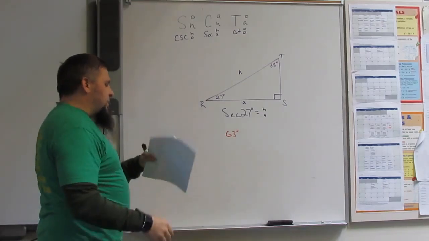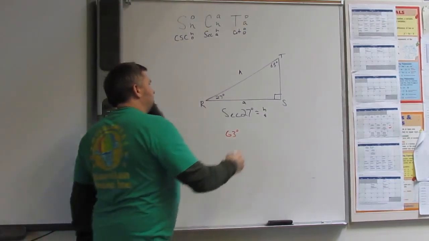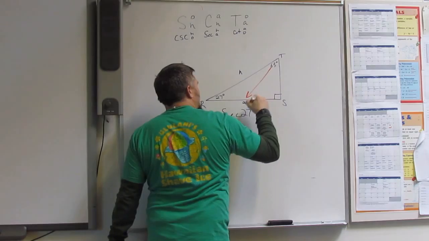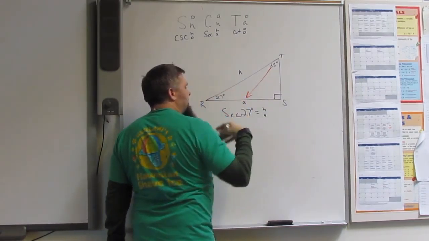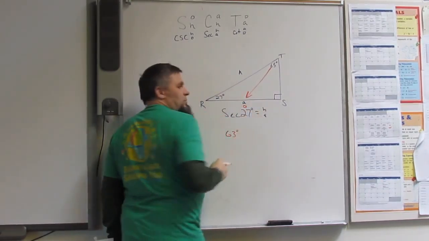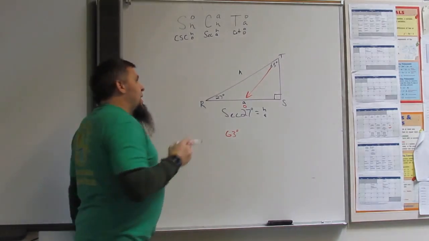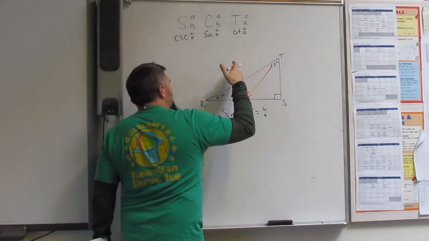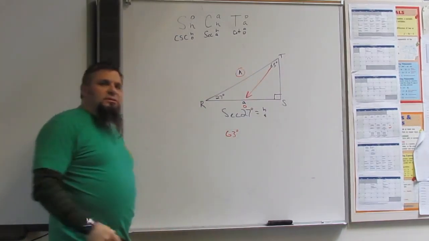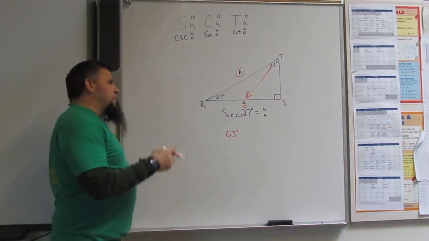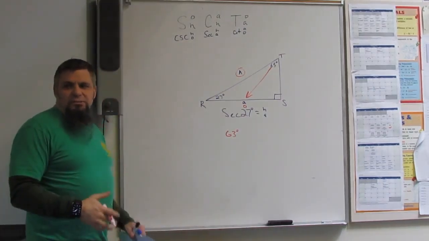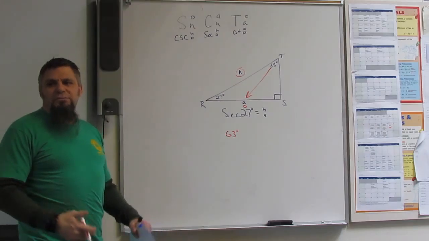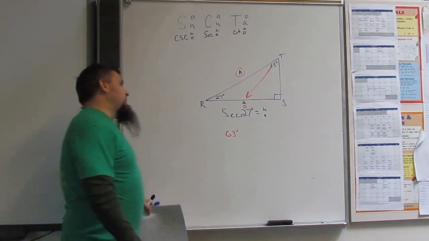And we need something coming from this direction that has to do with a, which in this case is going to be o. And in this case it's still h, because h will always be h. But the adjacent and the opposite change with relationship to what angle you're talking about.